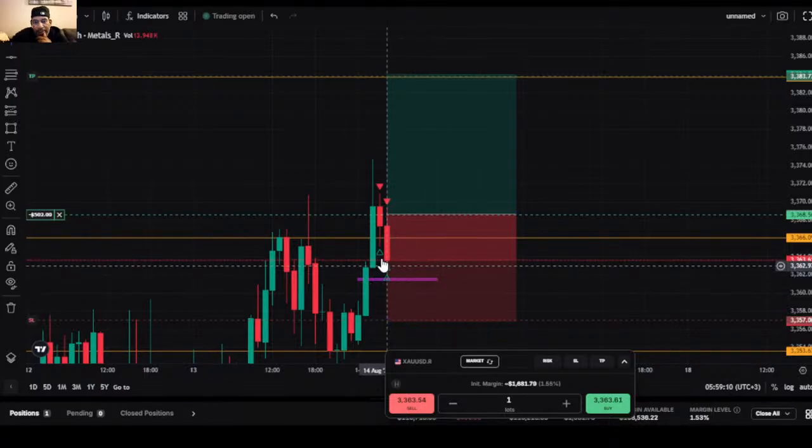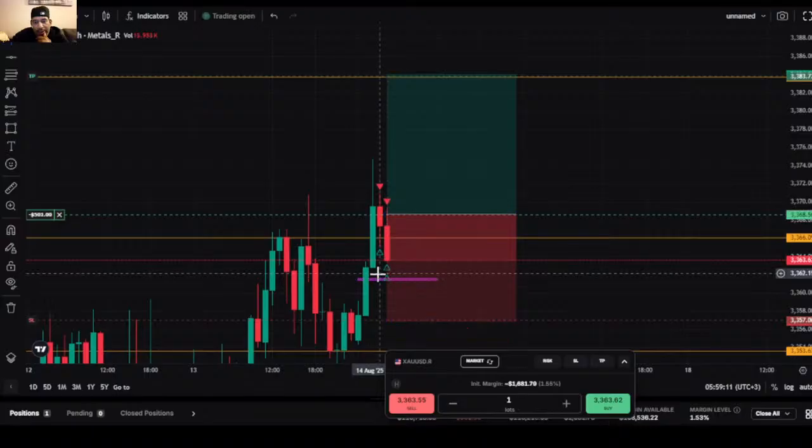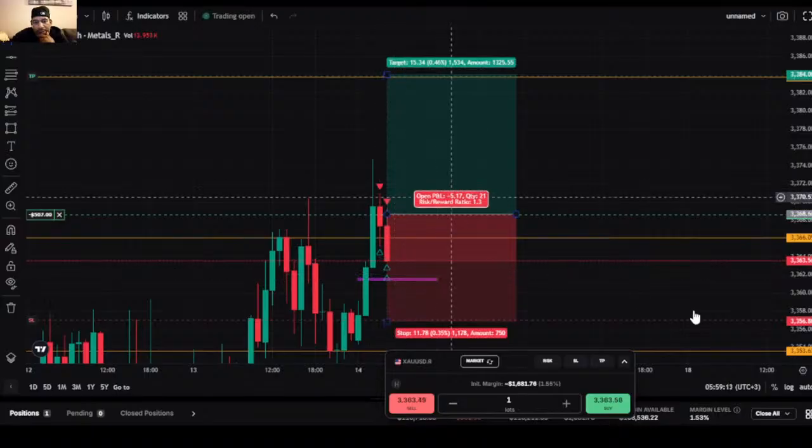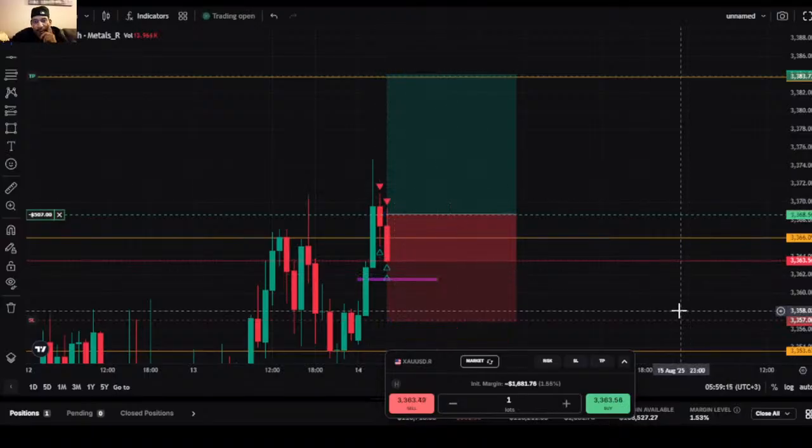I feel like we might tap right into that FVG right here, that area. Maybe we should get the bounce from there. Let's see.